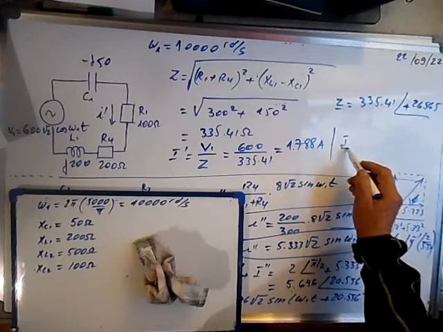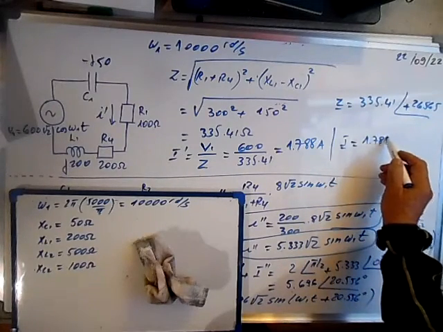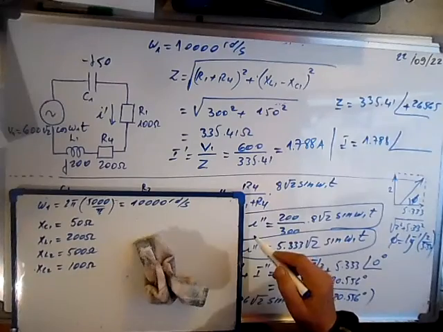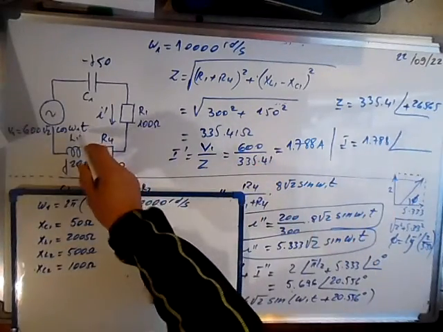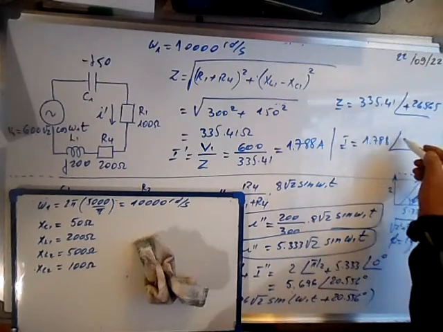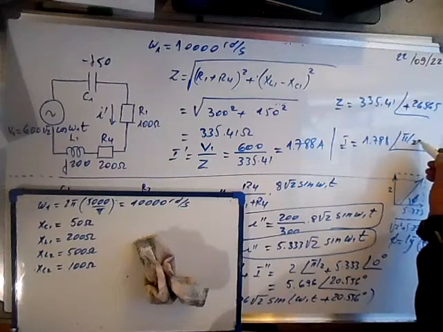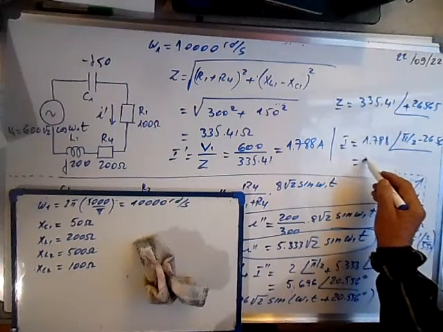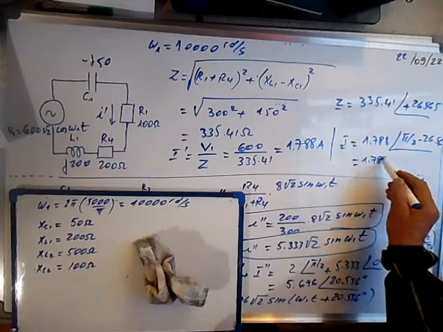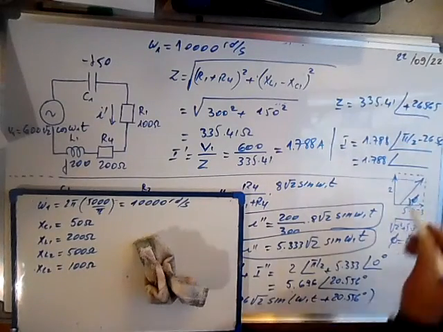I in complex will be 1.788, and remember that we have voltage pi over 2, so pi over 2 minus 26.56, and the argument is 63.44.